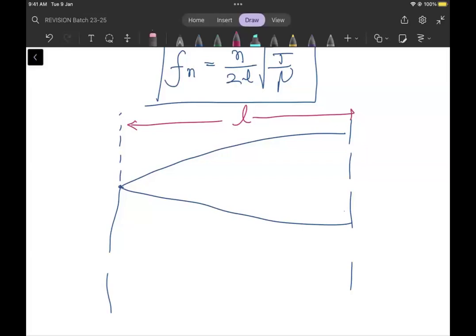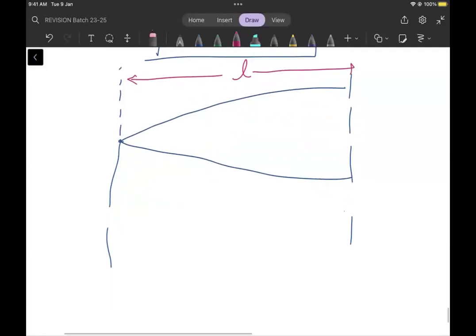You can anytime take a string, keychain or string, and you can just hang it and you can just start vibrating one end and you will see a similar shape will start to present itself for the string itself. In this case, this distance will be equal to lambda by 4 and L will be equal to lambda by 4. Lambda therefore will be 4L.